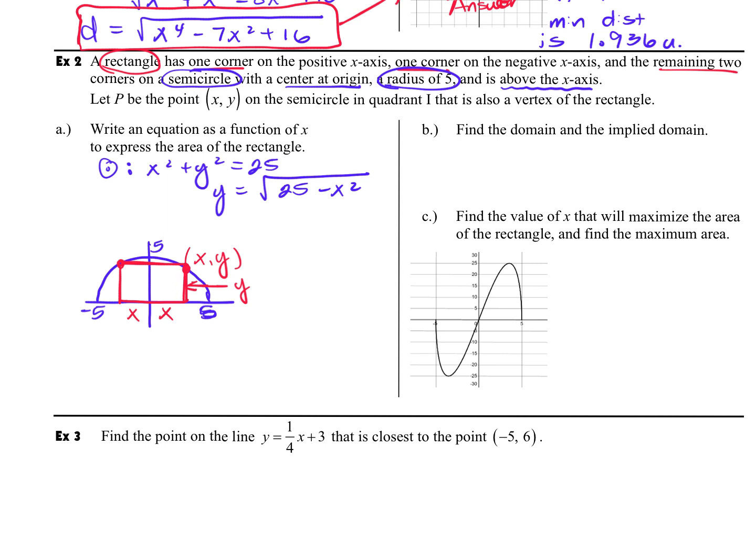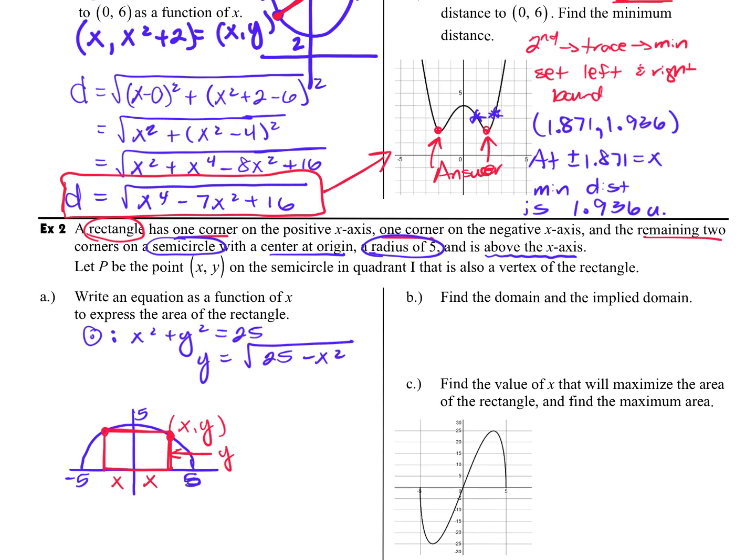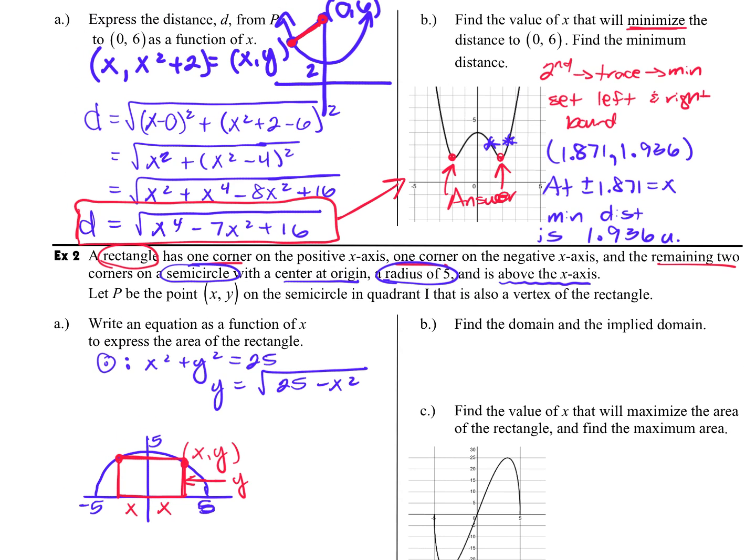Now again, if I look up here in my directions, I need this to be a function of x. Right now, I have two variables. So I'm going to do the same step that I did up here. Remember, up on this problem, we rewrote the xy all in terms of x, using the x and the equation for y.